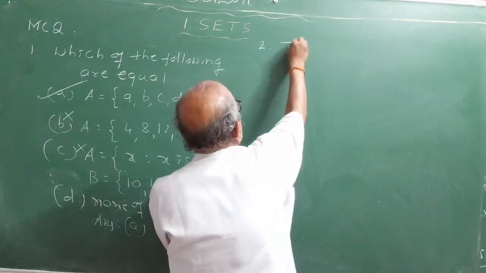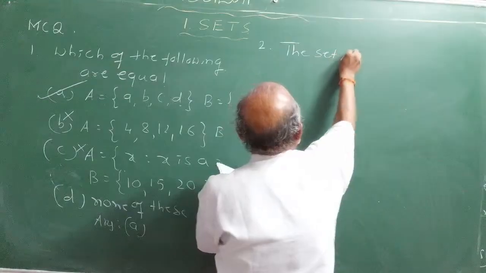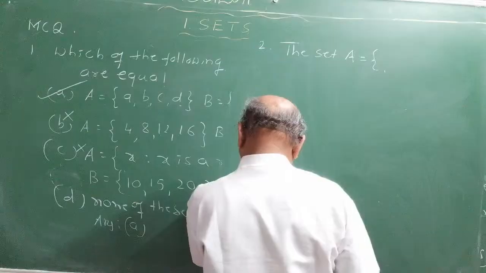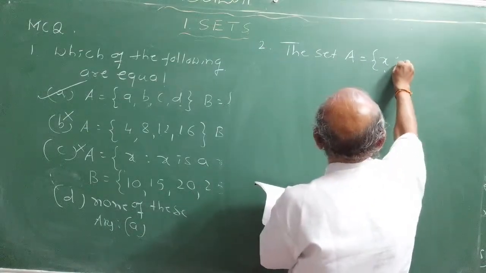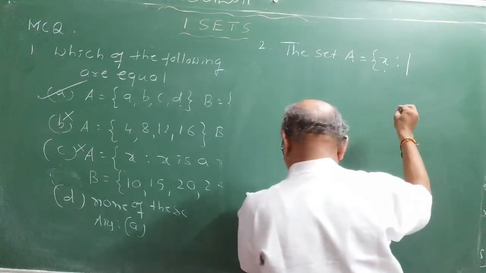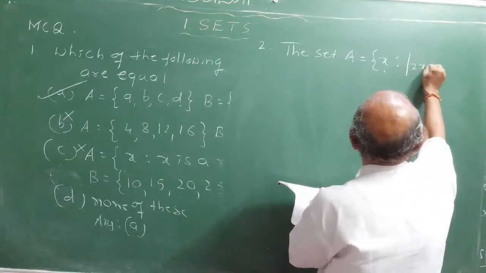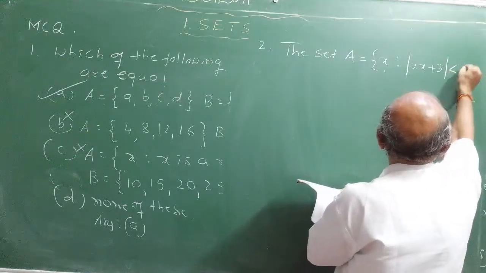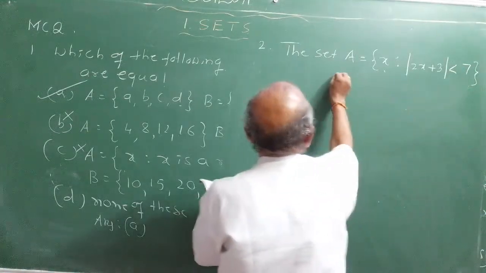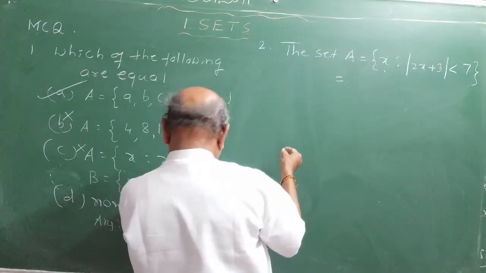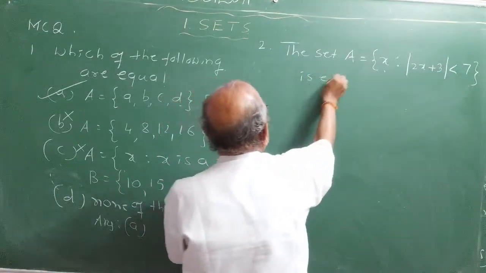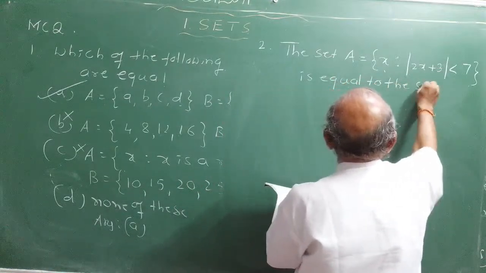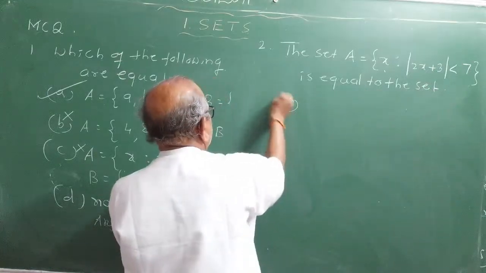The set A is equal to the set of all x such that modulus of 2x plus 3 is less than 7. The options are given. Such questions will appear in competitive exams.